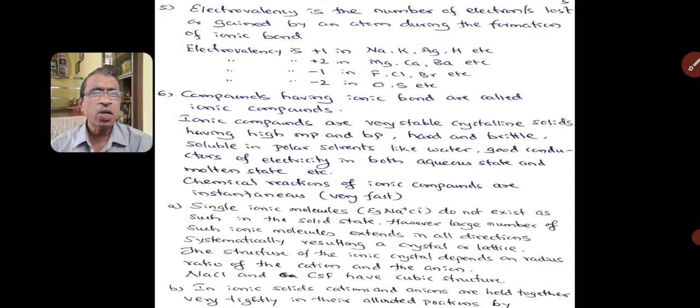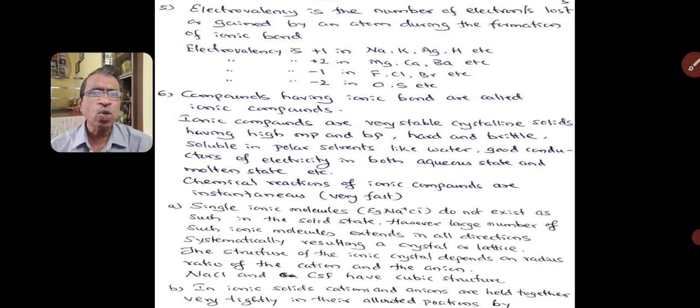They are hard and brittle. They are soluble in polar solvents like water, and they are good conductors of electricity in both aqueous state and molten state. Like this, there are many other properties.